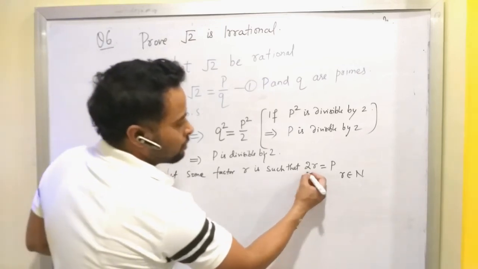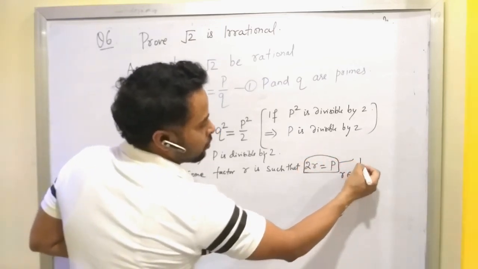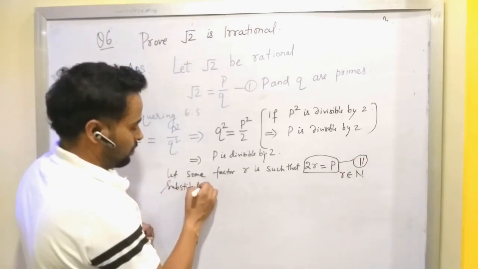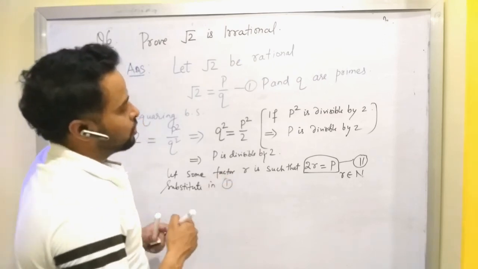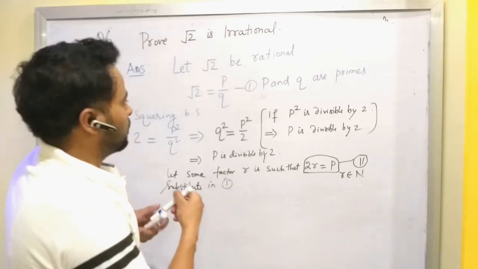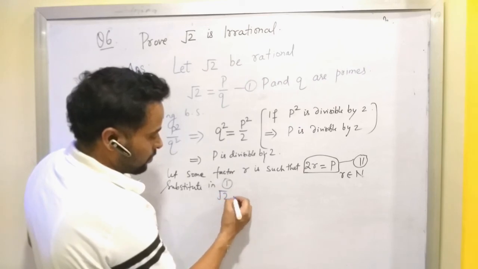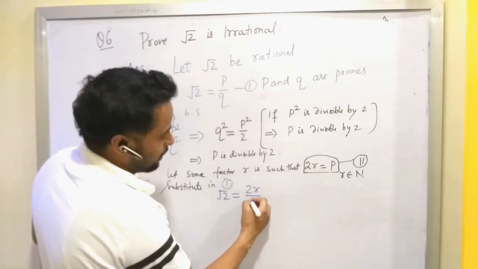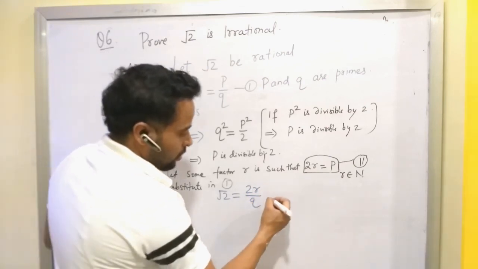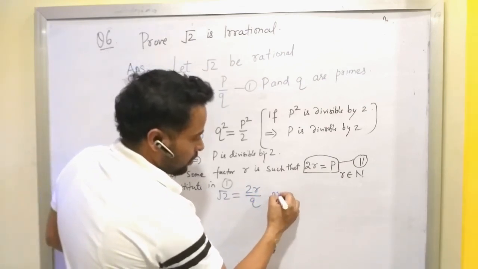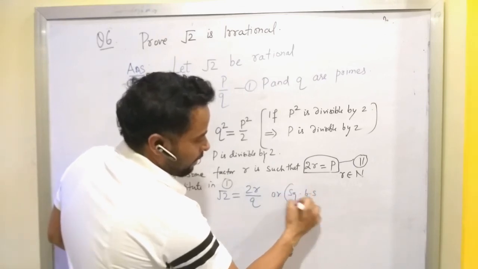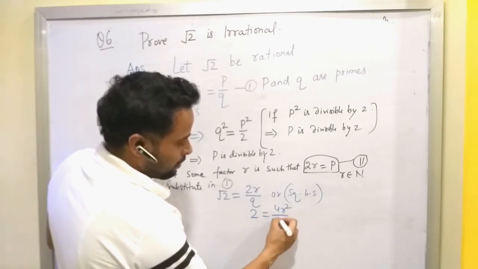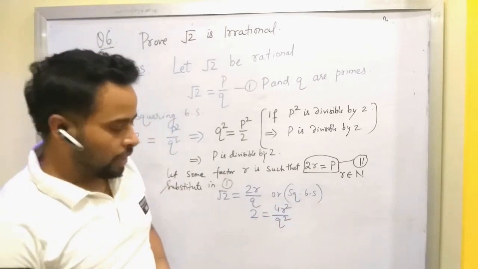So if I substitute this in equation 1, what I am writing is root 2 equals p, and p is 2r by q. Squaring both sides, this will be 4r square by q square.